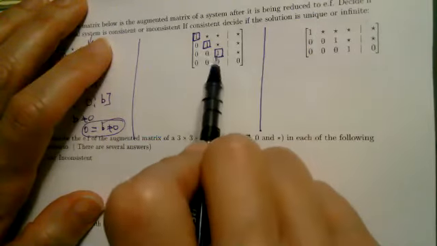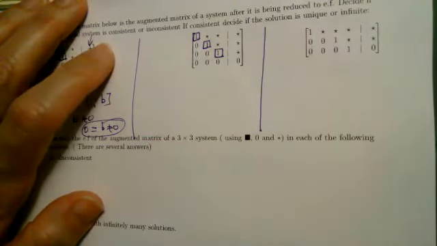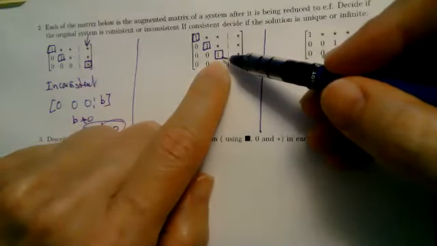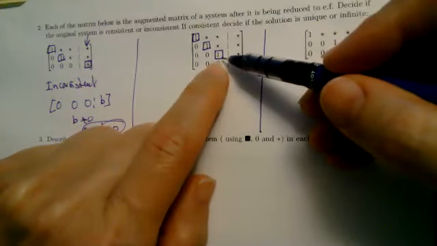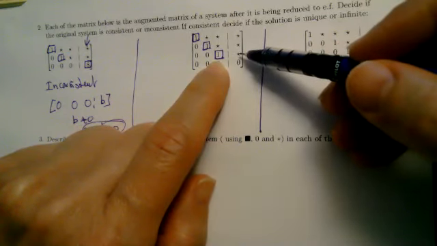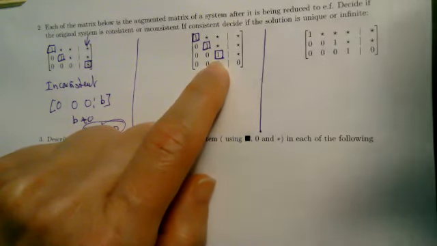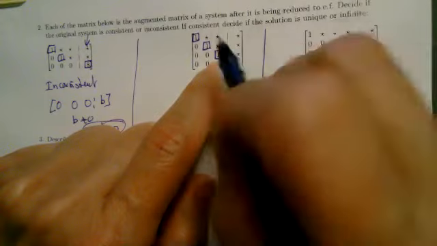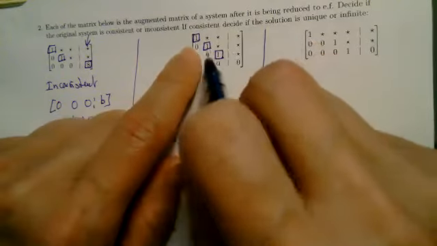Okay, let us first analyze why it is 1 and then how we know just by looking at it. The last row will give me x3 equal to something, whatever the number is. So I know x3, that is not a free variable, it's very well defined. So x3 is fixed. What about x2?